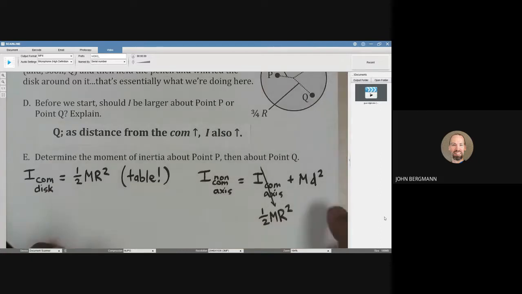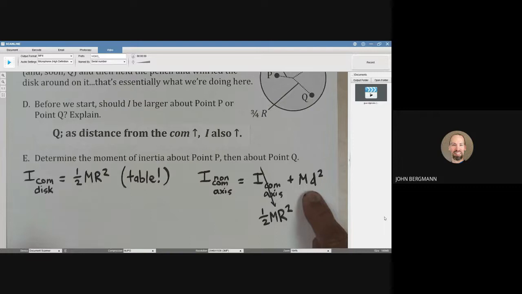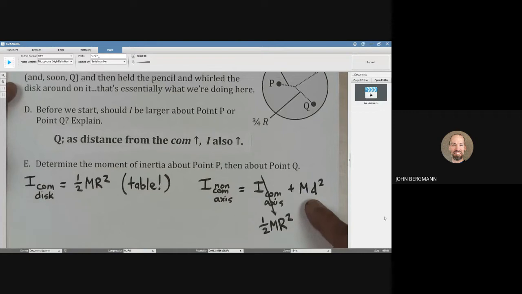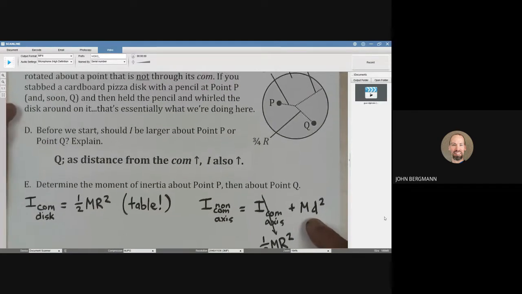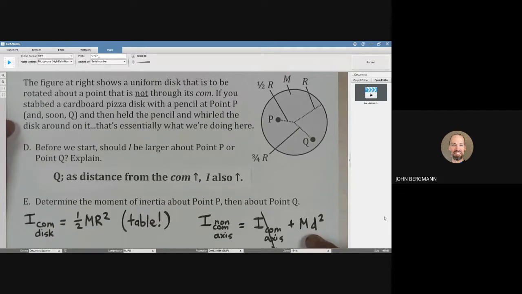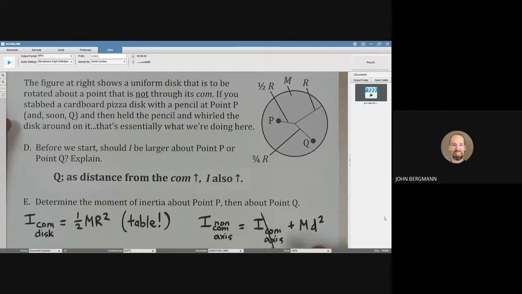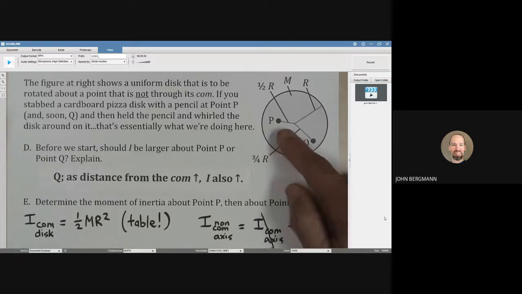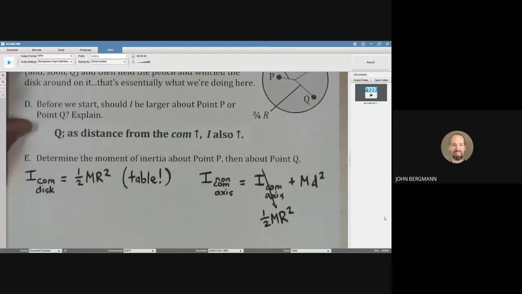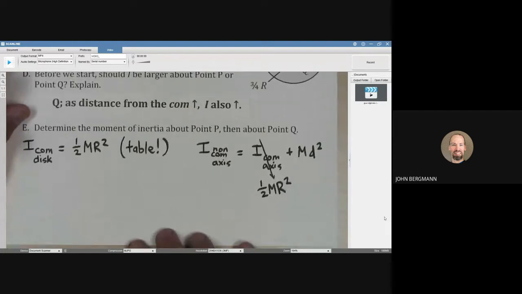Now, this other portion, right on the far side here, is going to depend on how far away our new axis is from the center of mass. So if I can sneak up here, you can see in the picture at the top right corner that point P is a distance of 1/2 r from the center of mass, and point Q is a distance of 3/4 r. Let's determine the md squared portion for each of these.